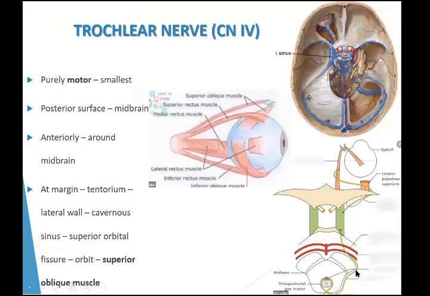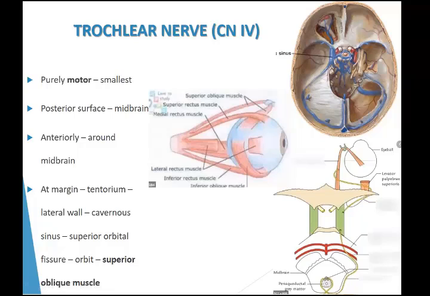Third and fourth, both nerves arise from the midbrain. Now, the trochlear nerve arises from the posterior surface of the midbrain. Then it goes round the midbrain and comes onto the anterior surface of the midbrain.